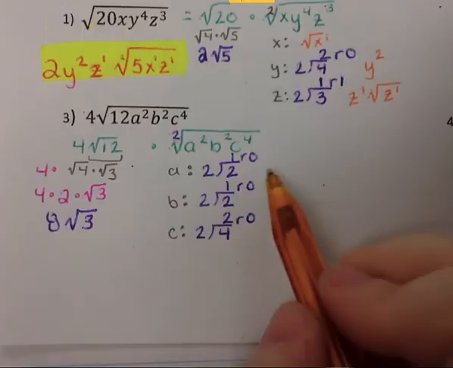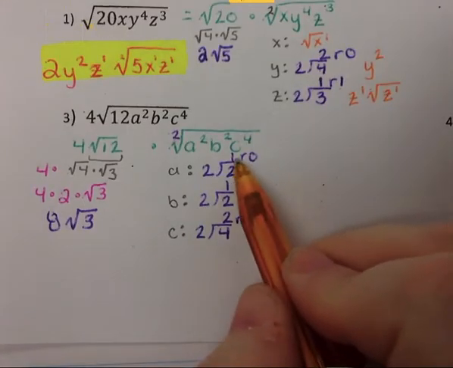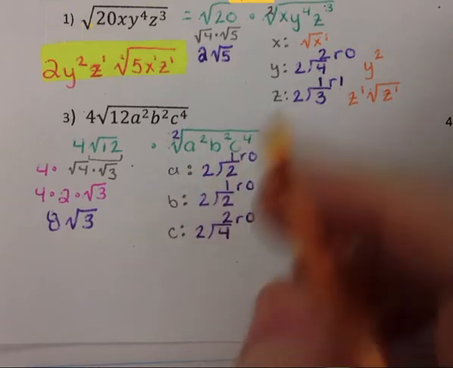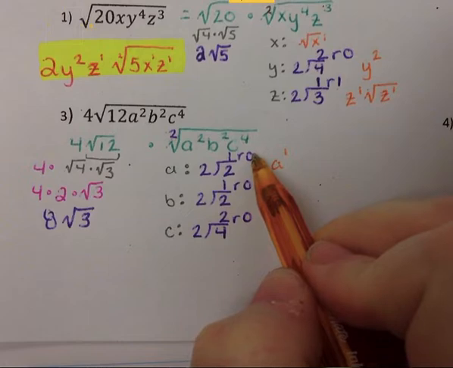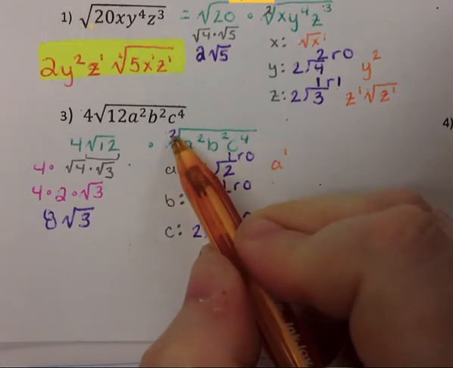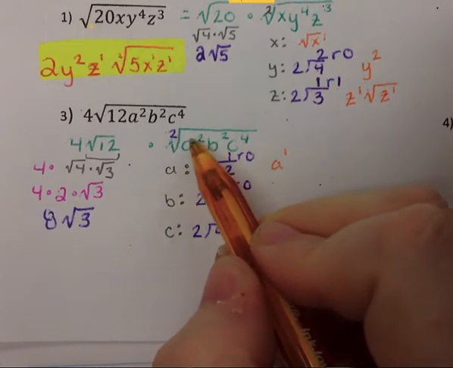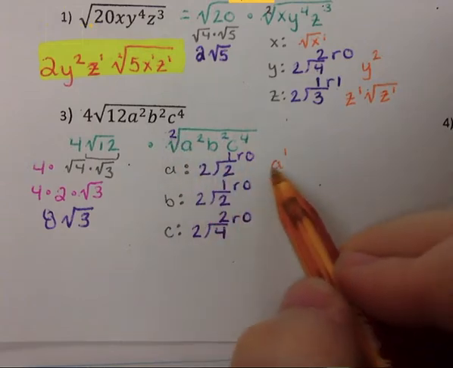So again, I'm just going to write out what this really means. For the A's, we do have a coefficient of a to the first, but we have no radicand. And again, this makes sense because the square root of a squared should just be a, and that's what this is.